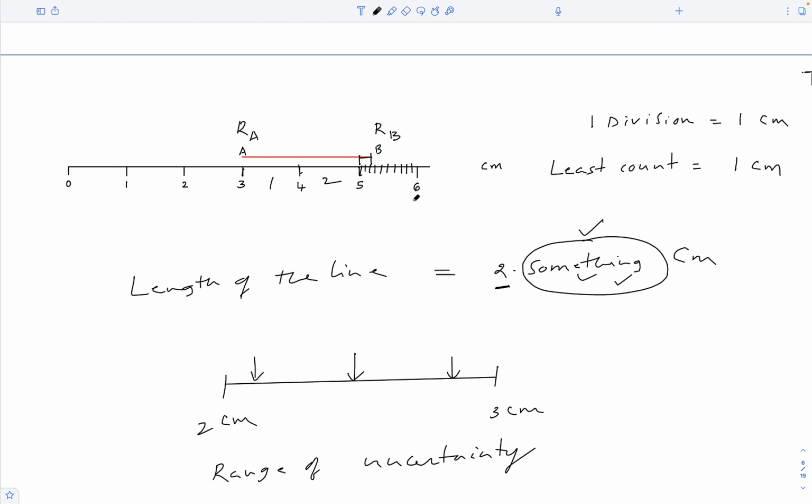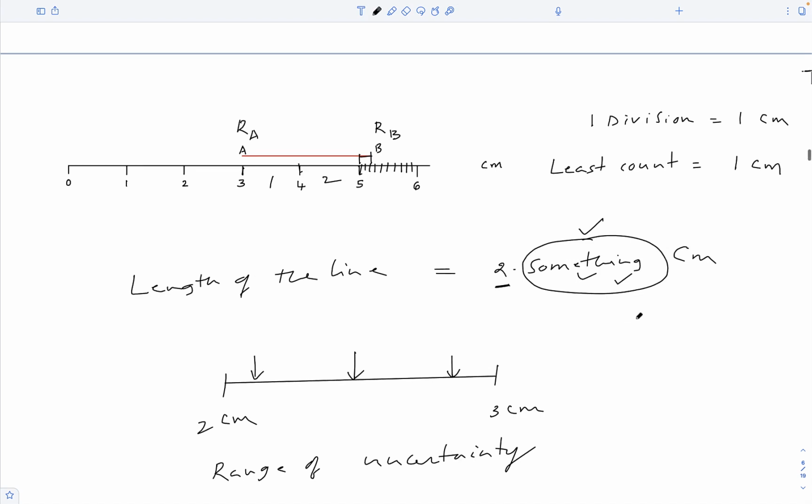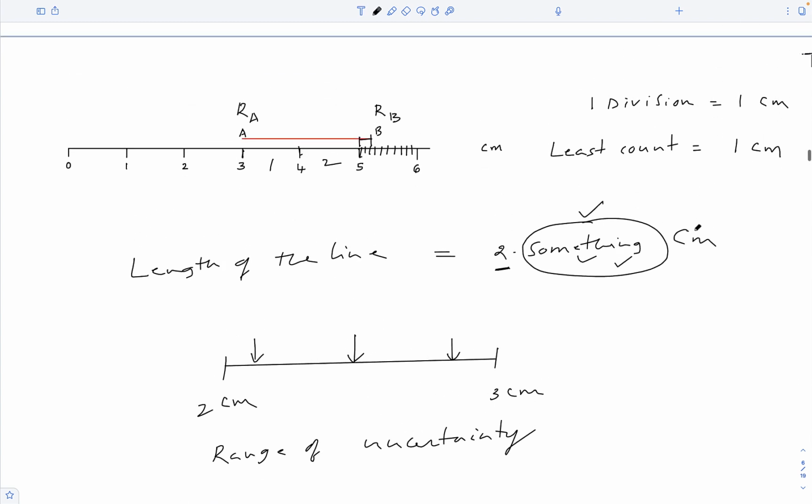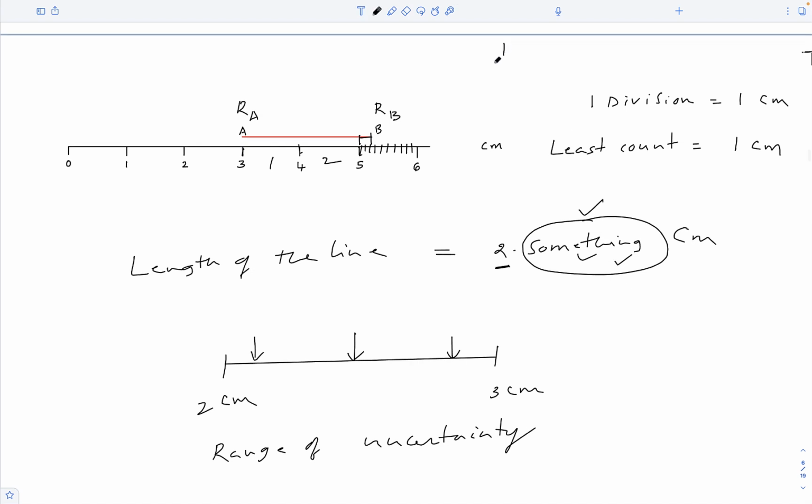Now, we are imagining that this division is divided into 10 equal divisions. Then what will be the size of each of these smaller imaginary divisions? It would be 1 centimeter over 10 or 0.1 centimeter or 1 millimeter.